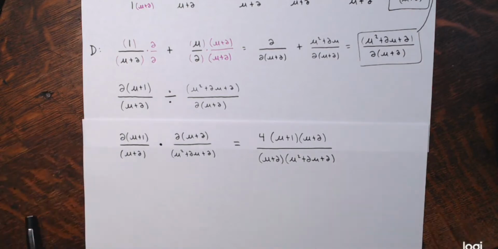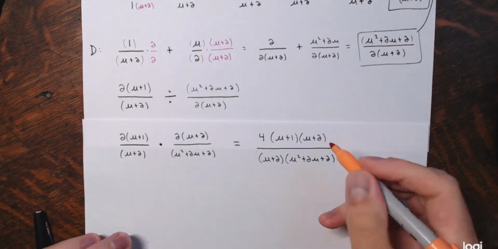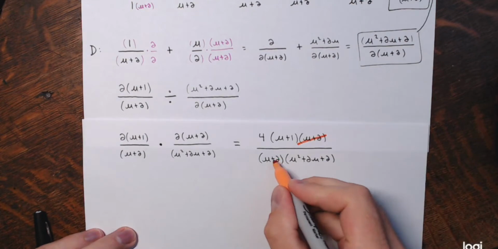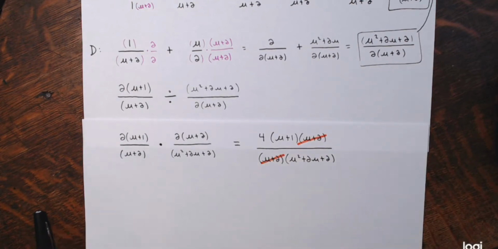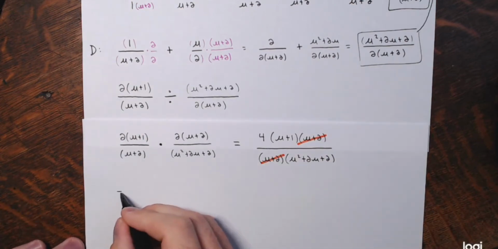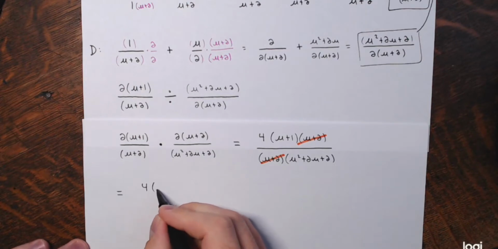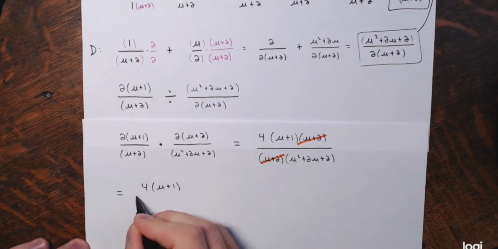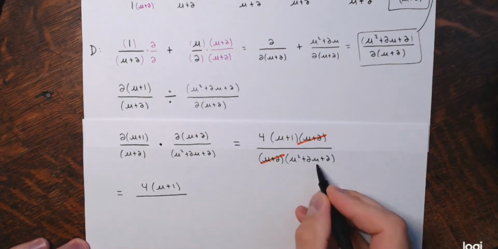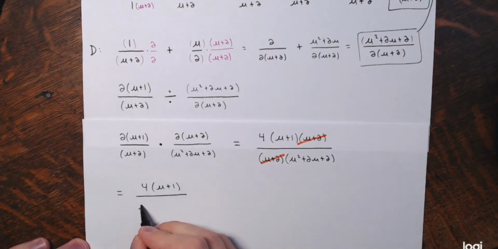And the only common factor I am seeing in the numerator and denominator is the u plus 2. So I cancel those, and I'm left with 4 times the quantity u plus 1 in the numerator. And the only factor left in the denominator is this u squared plus 2u plus 2.